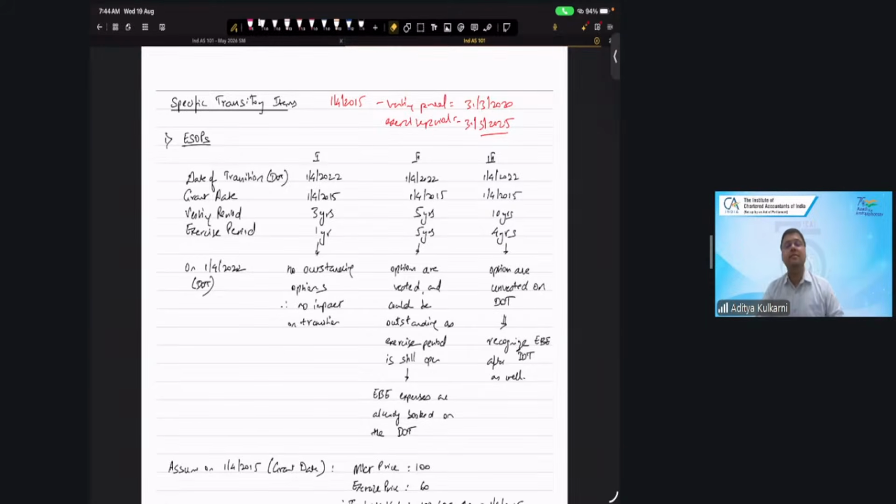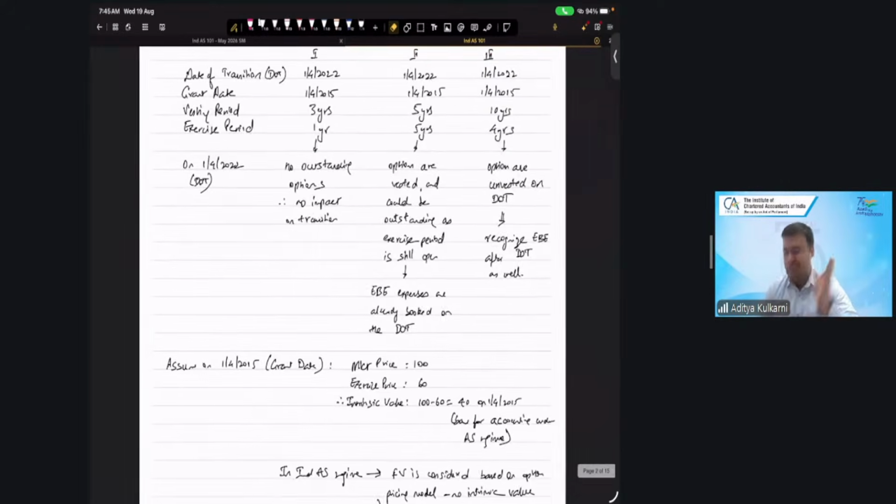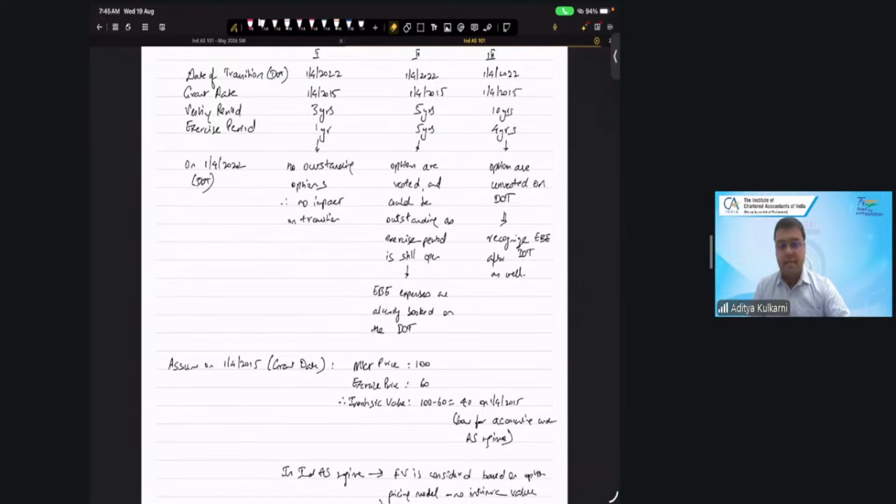Intrinsic value is a measure at that particular point in time. It does not talk about a future estimate. That means my market value, let us suppose it is 100 and exercise price is 60 at that point of time, then intrinsic value is 40. That's it. No future impact.